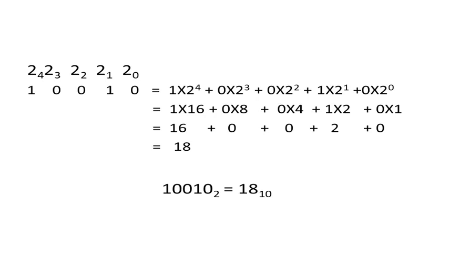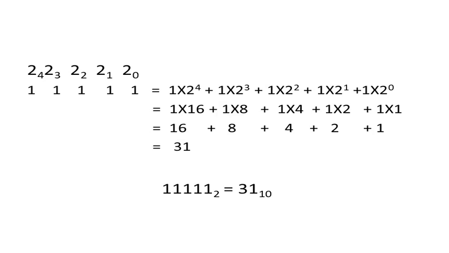Here the decimal values are multiplied by the place digit. 1 multiplied by 16 plus 0 multiplied by 8 plus 0 multiplied by 4, 1 multiplied by 2 plus 0 multiplied by 1. Here the decimal place values will come as 16 and 2. When you add those two together, 18 in decimal format is equal to 10010 in binary format. This is the answer.